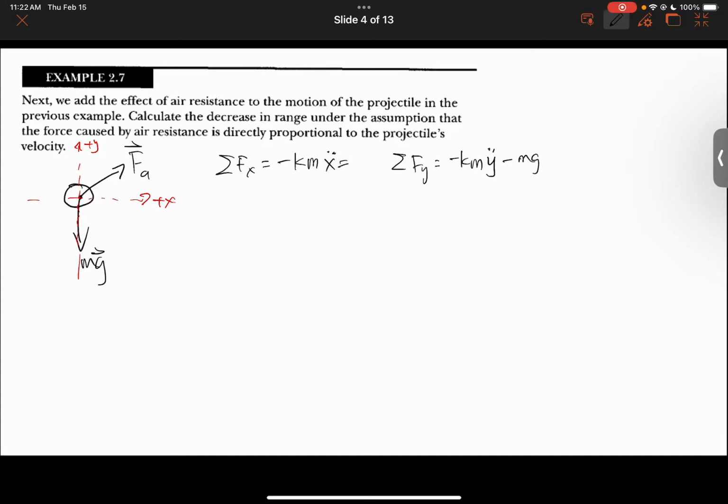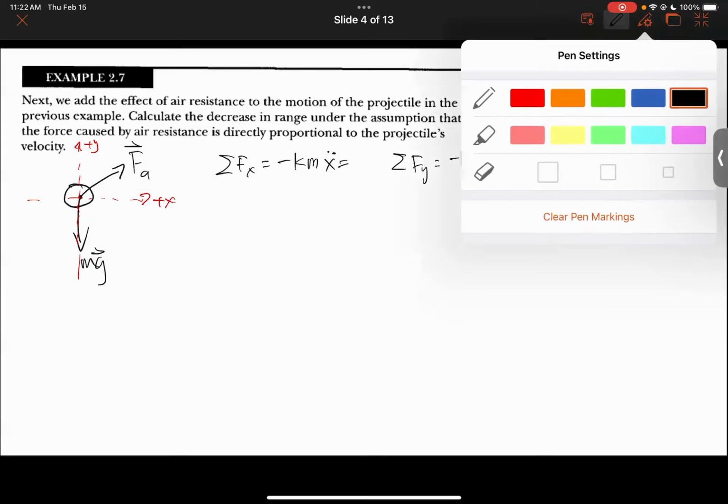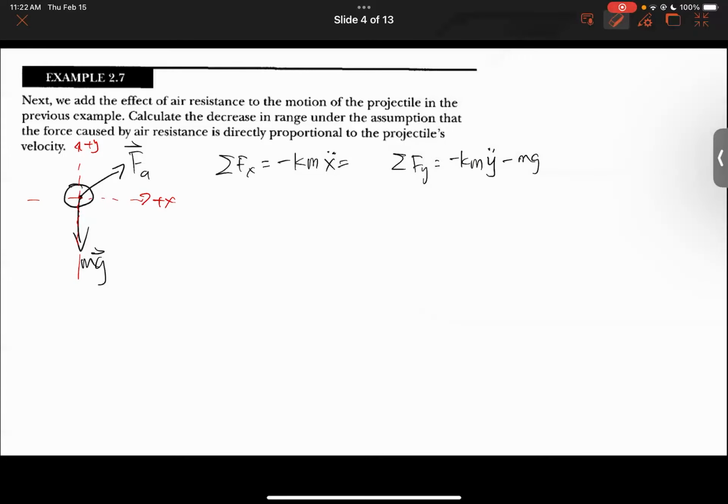Okay, sorry, kulang to. Dali check lang natin. ma is equal to negative kmv.